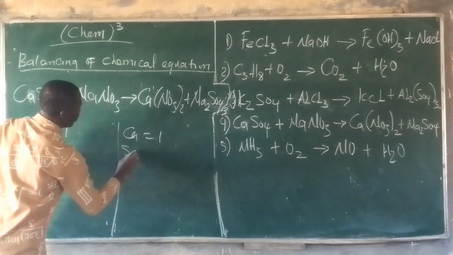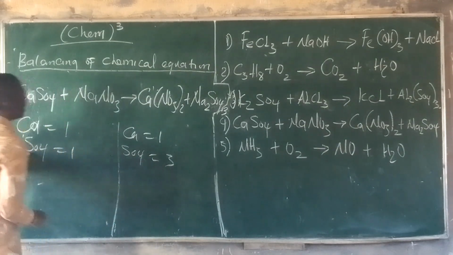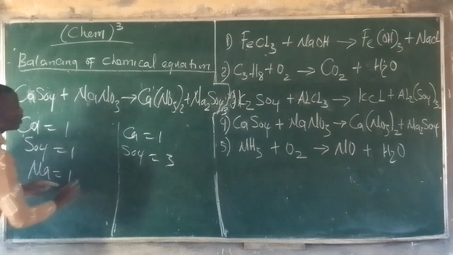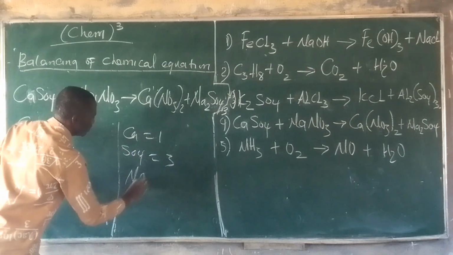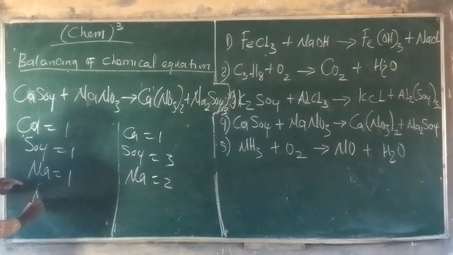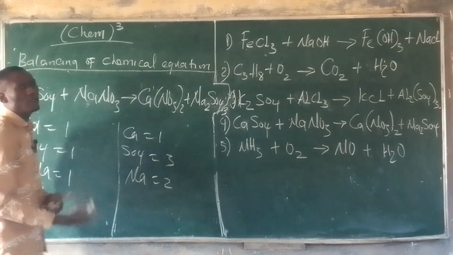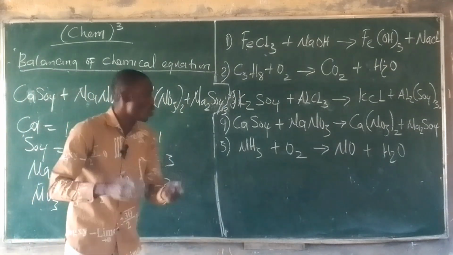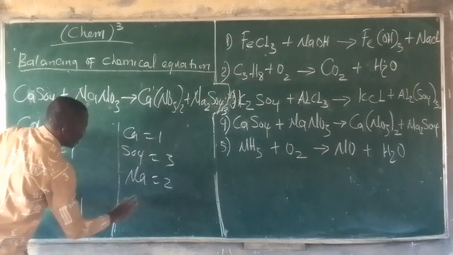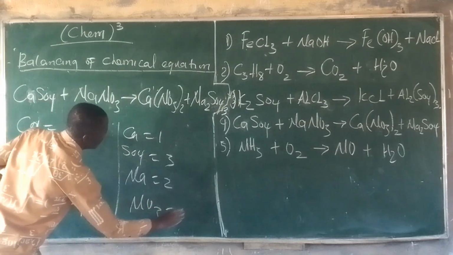Over there, SO4 is 3. And then we have here sodium. Sodium is 1. Over there, sodium is 2. Now, over there, what we have? We have NO3. Now, we do have a polyatomic compound. Treat them as 1. Now, NO3 is 1. Over there, NO3 is 1.